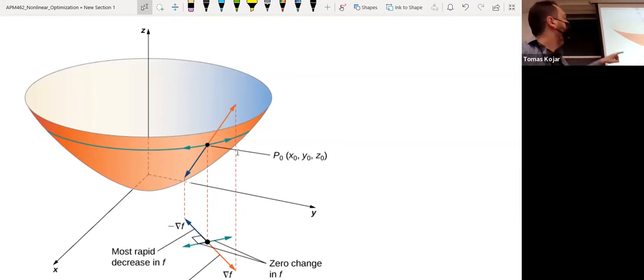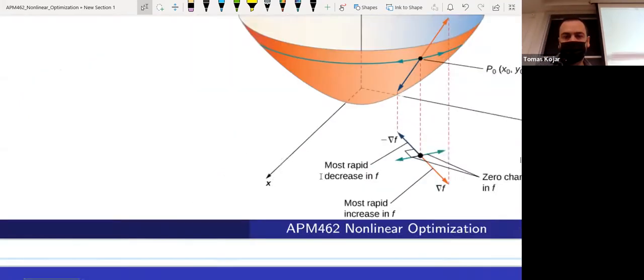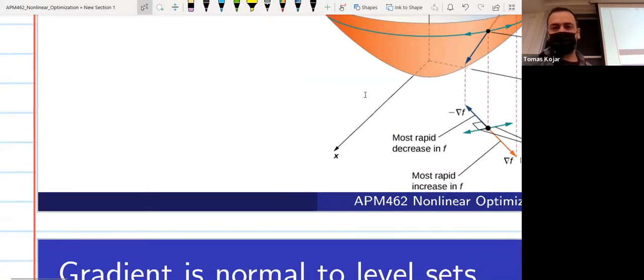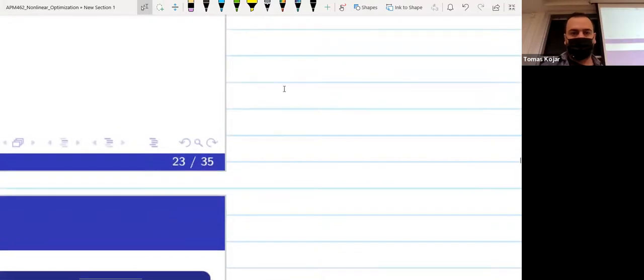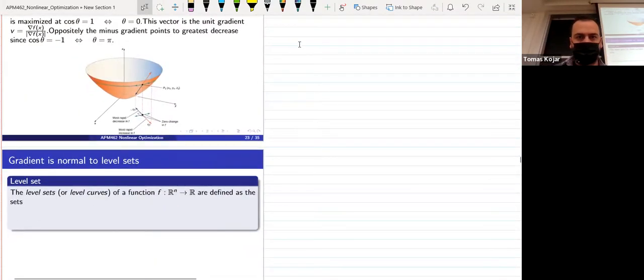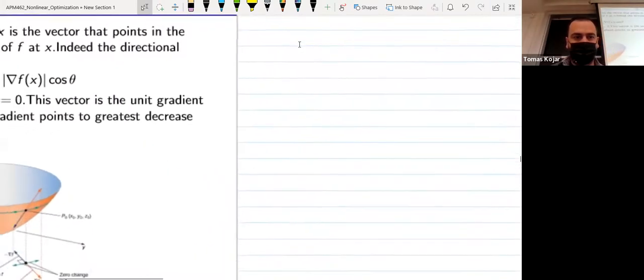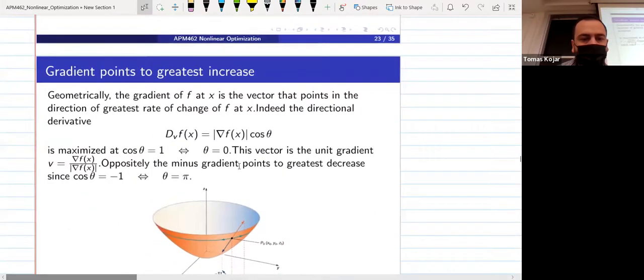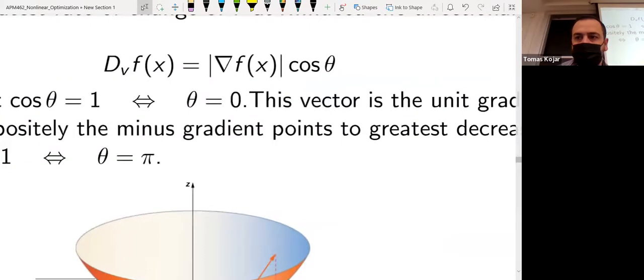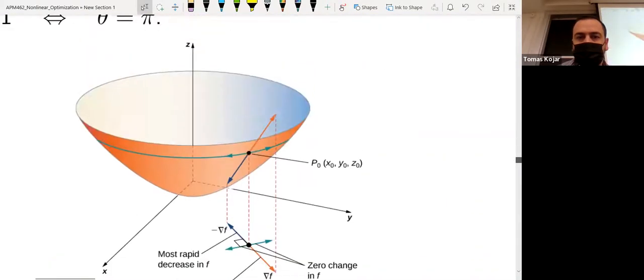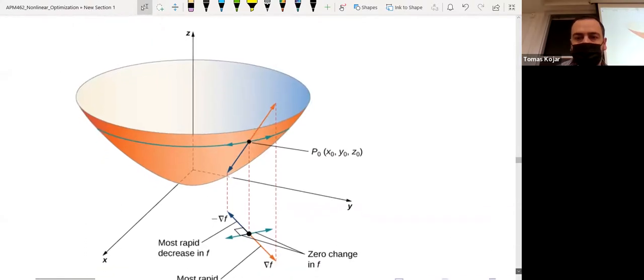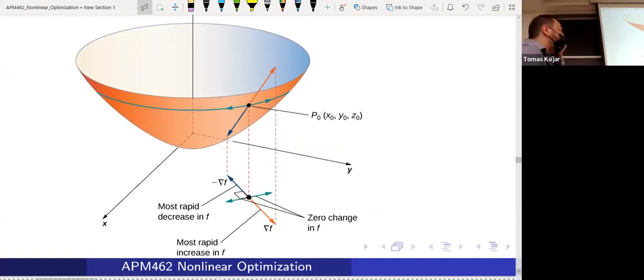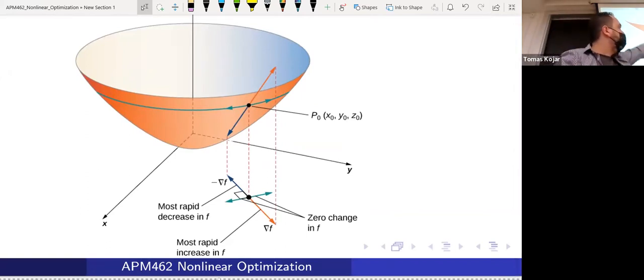So this is your function, and if you want to find the gradient of f going in this direction down, then that's where your parabola grows.